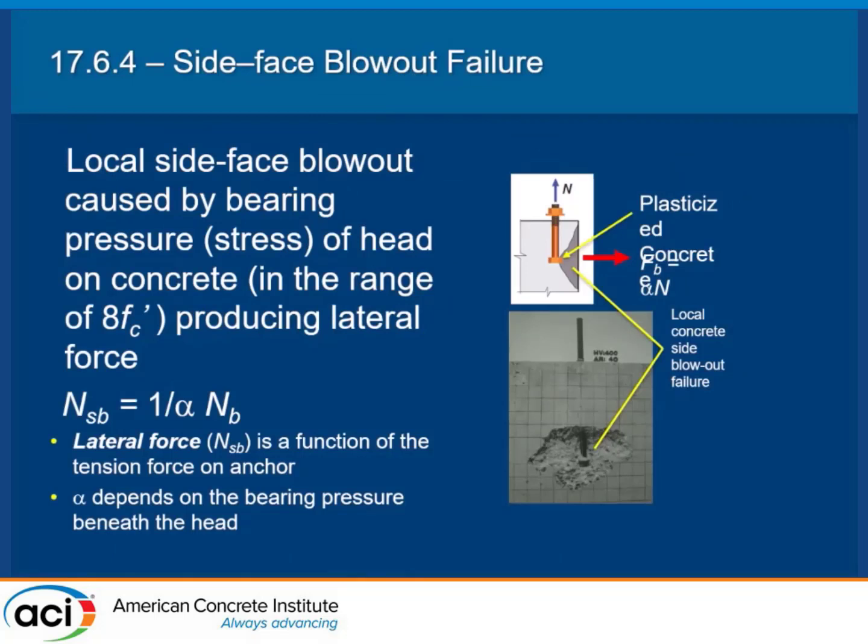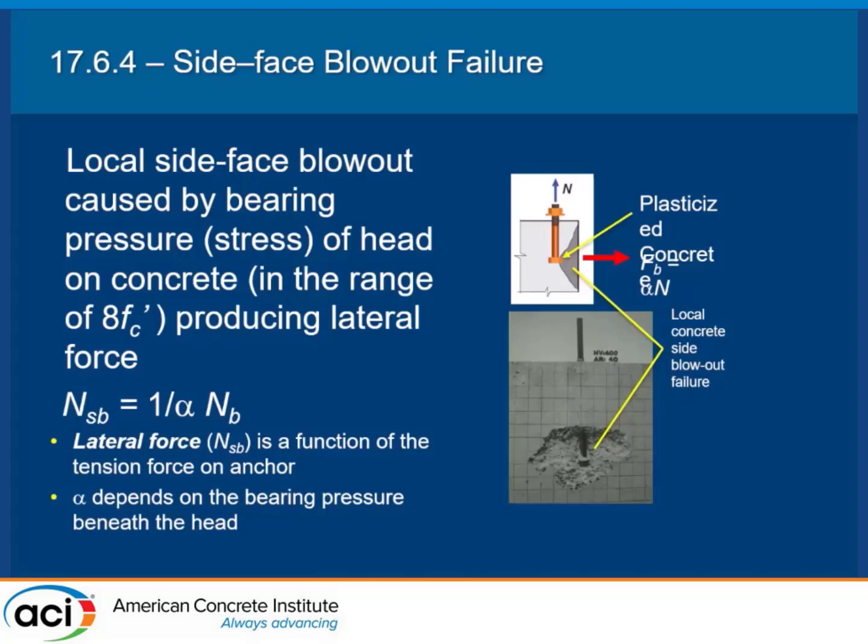Then we have this phenomenon called side face blowout. So when you have a headed anchor that's embedded and it's close to an open edge, there's a lot of force, right? You've got the concrete breakout that's going to occur. And I kind of disagree with some of what some people say, but this is one of those cases where you don't have any guidance when you don't meet the code.